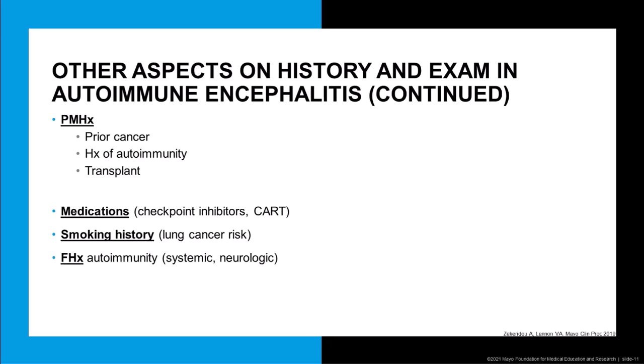We'll ask about a family history of autoimmunity. And then it's important on your examination and quite useful if you're seeing these patients to quantify the neurologic deficit. I think it's quite helpful when you follow up with the patient to see how much they might have objectively improved, particularly if there's any diagnostic uncertainty and you give a patient a trial of steroids. It's useful to quantify their deficit with initial cognitive testing.